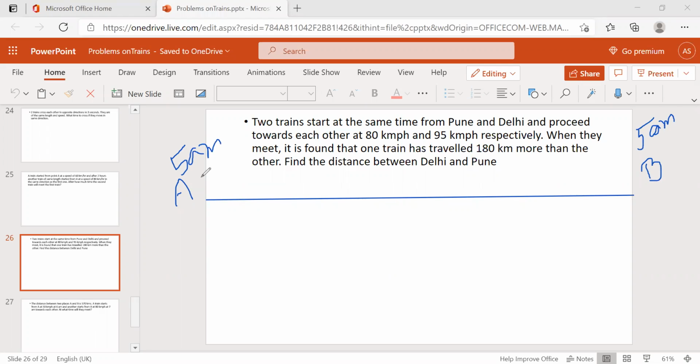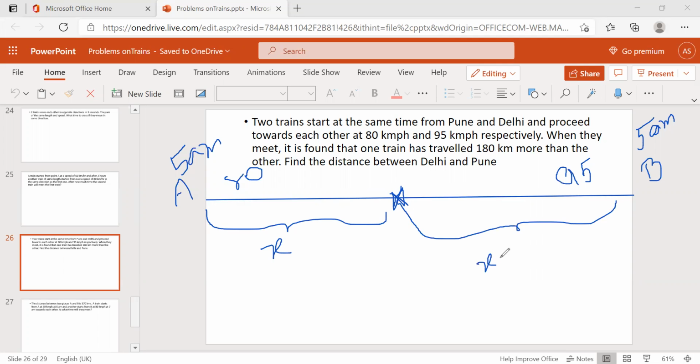Now what they're saying: train A's speed is 80 kilometers per hour, and train B's speed is 95 kilometers per hour. If they started at the same time, suppose they meet here. From A to here, the distance traveled is X, and train B from here to here travels X plus 180 kilometers. This is 180 kilometers, right?